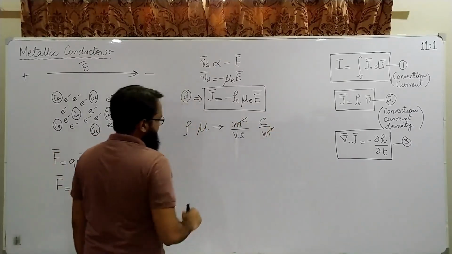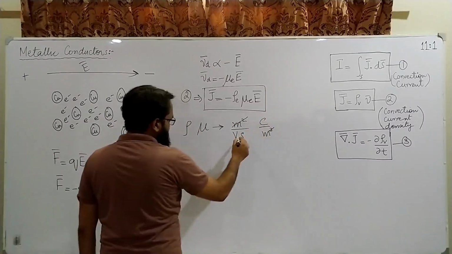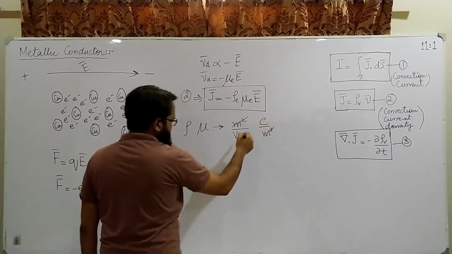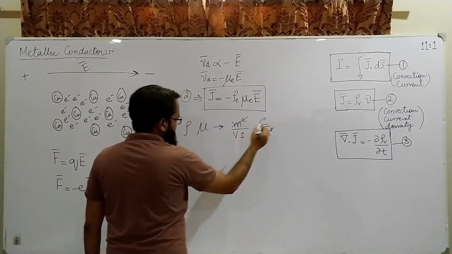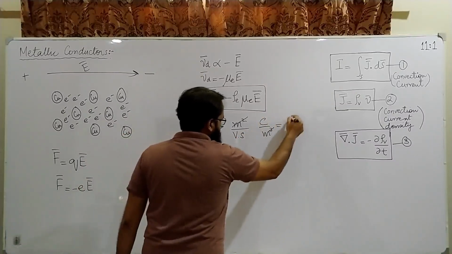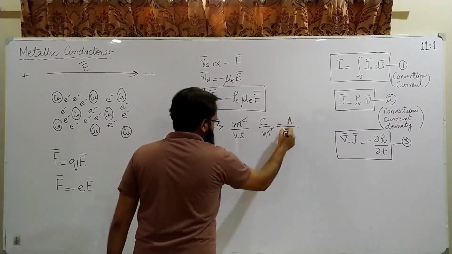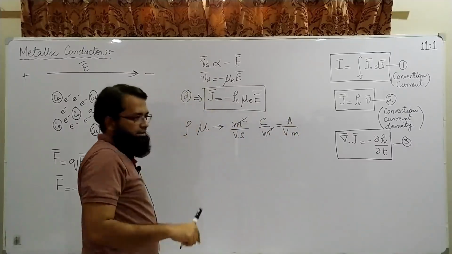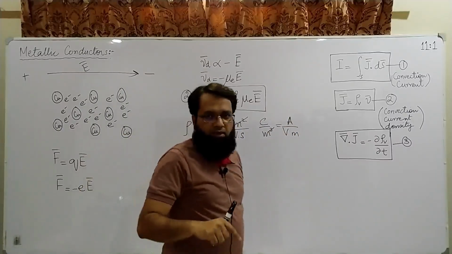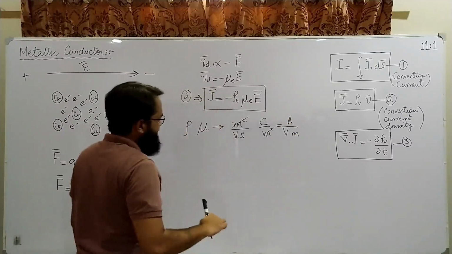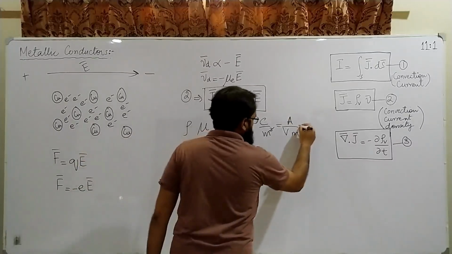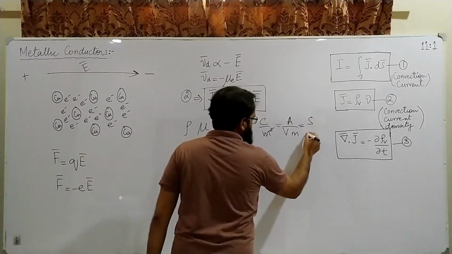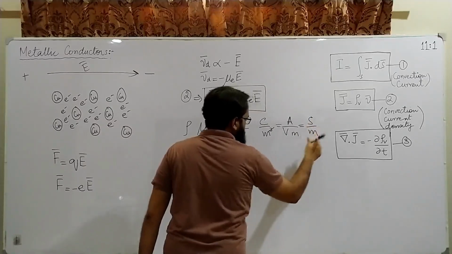It gives us coulombs per volt into second. Coulombs per second is amperes, and we have got volts and meters here. Volt per ampere is ohms, so amperes per volt will be the inverse of ohms, which is Siemens, Siemens divided by meter.